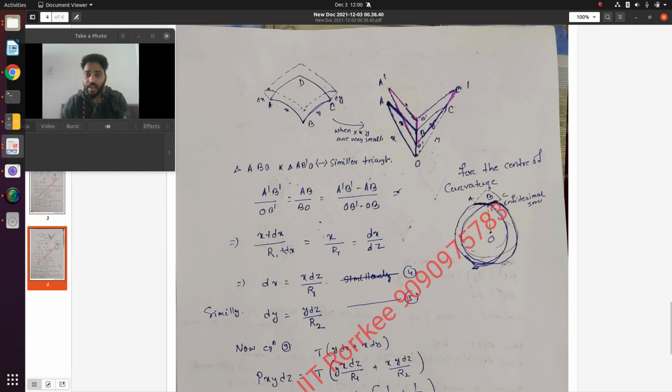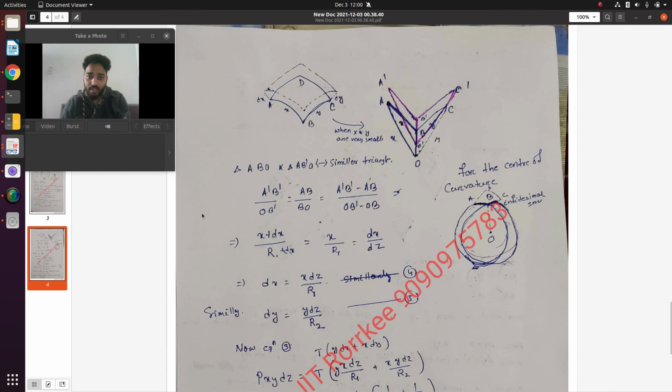So A prime B prime is what? x plus dx, and B prime C prime is y plus dy. So A prime B prime O prime is also a triangle. You can see now, ABO and A prime B prime O prime, both are similar triangles.